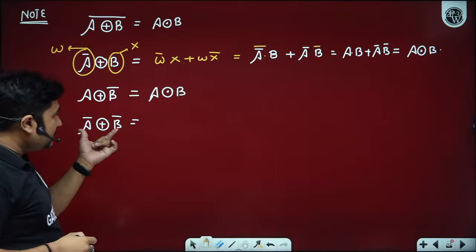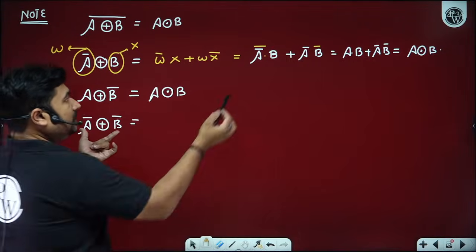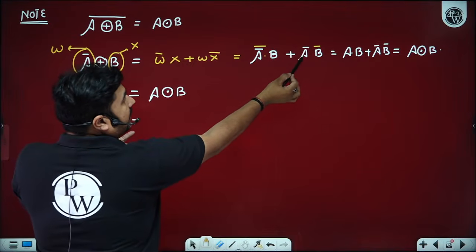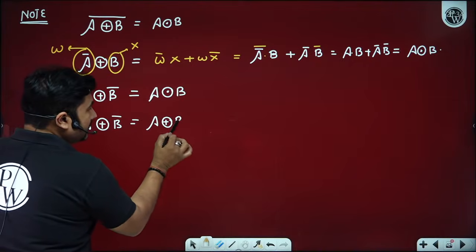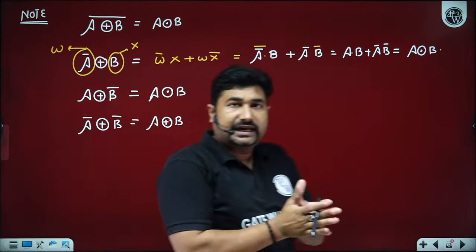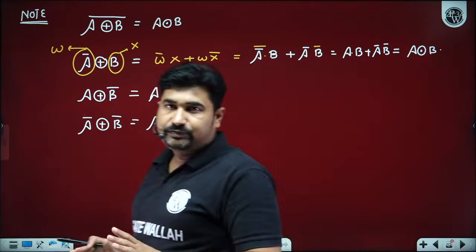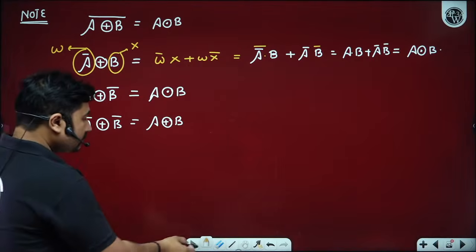What happens if both have a bar? In case both have a bar, you can observe this will become A B bar and A bar B. So it will remain the same. So in an XOR gate, if all the inputs are bubbled, it remains an XOR gate only. Is it okay? If only one input is bubbled, then it becomes an XNOR gate.